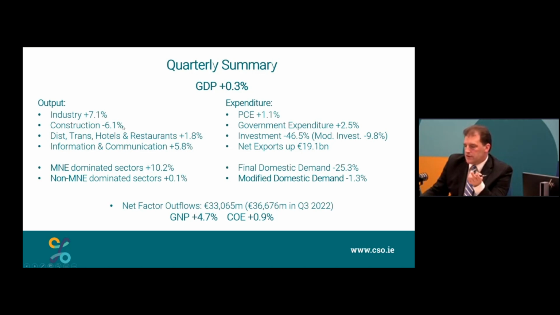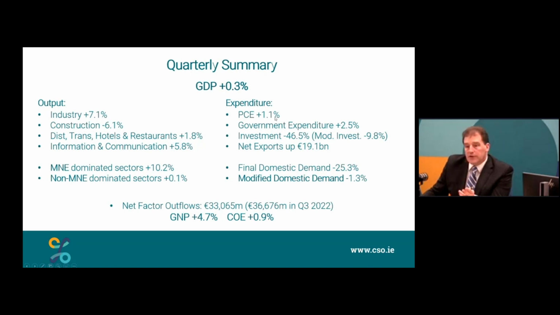There are some falls in the domestic data in construction, and moderate growth in the big domestic sector, distribution, transport, hotels and restaurants. Weighing construction and distribution, hotels, transport and restaurants together, we get the non-M&E data of 0.1. So it's marginal growth on the output side for the domestic sectors at 0.1.